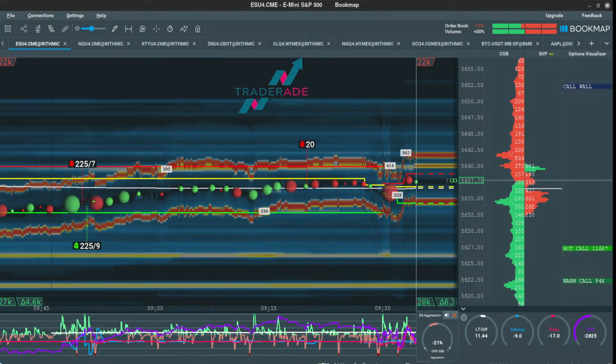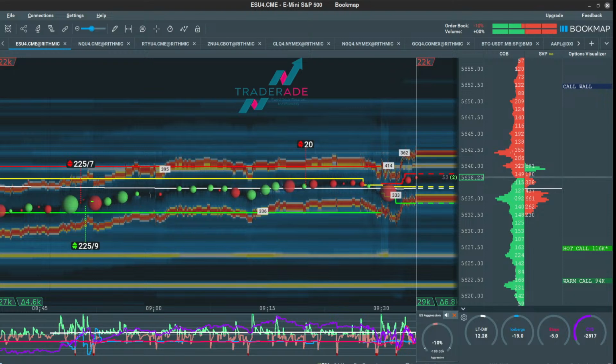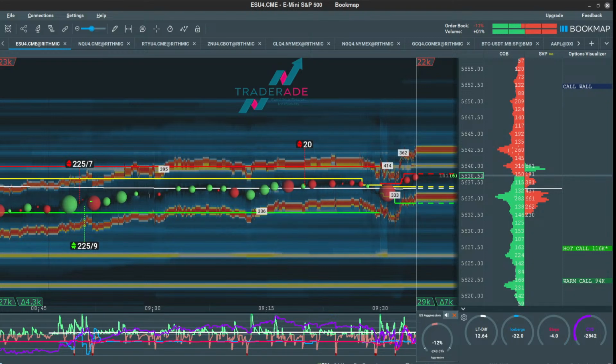So let's say you had a 12 handle opening range. You break out to the upside of that opening range and you expect maybe we'll have a 6 handle extension, and you see that there's resting liquidity above around that level where that 6 handle extension would go. That might give you a little bit more confidence that you could see that play out because there are other larger players looking for a similar outcome.